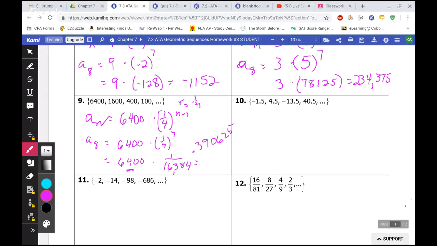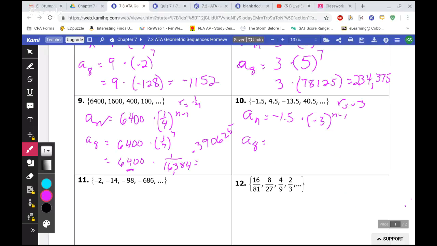Okay, so if both of us got it, we have to be right, right? We can both be wrong. I guess that's true. Negative 1.5, we just plugged that in because that's the value of the first term. And then I got the common ratio as -3. And then n minus 1.